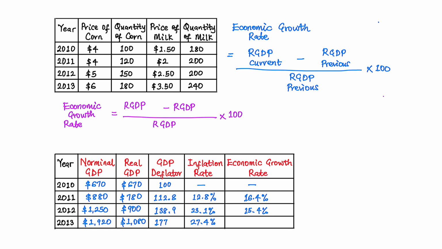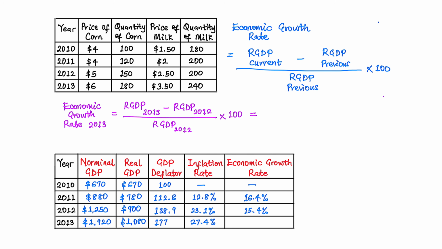The last question, economic growth rate for 2013. That means the real GDP of 2013, the current year, minus real GDP of the previous year, which is 2012, divided by real GDP of the previous year, 2012, everything multiplied by 100.